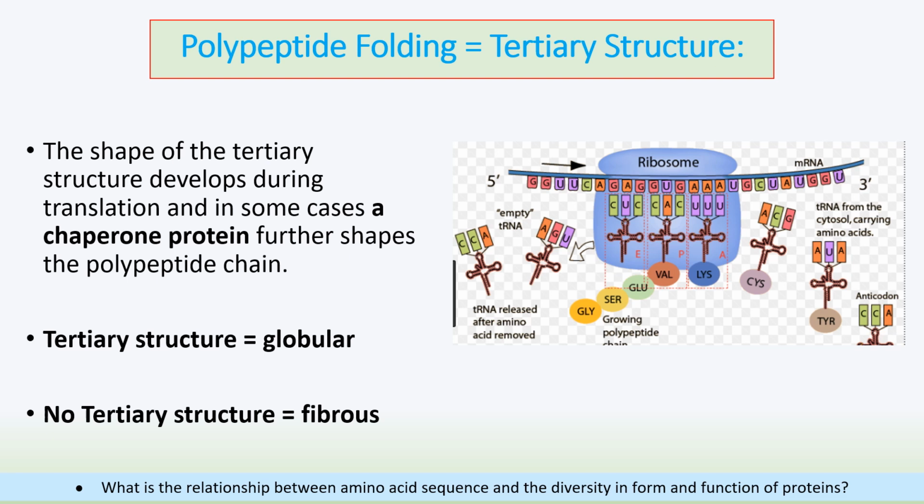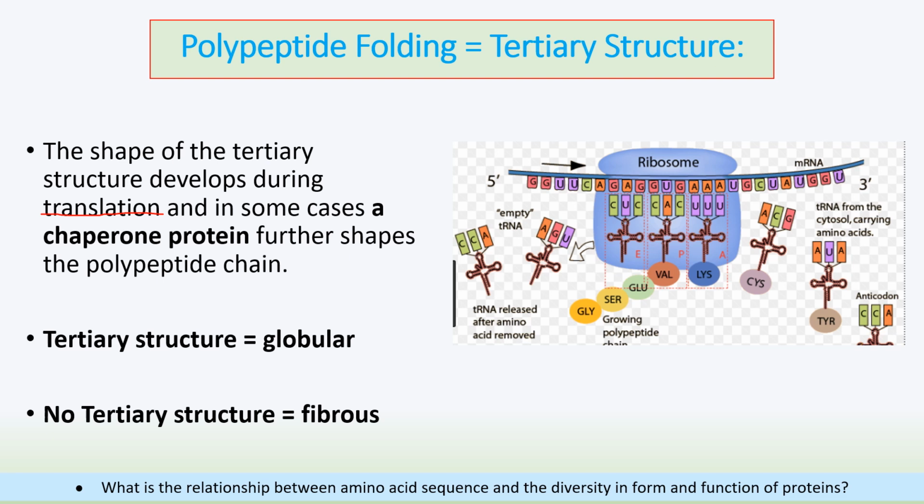So the shape then of the tertiary structure develops actually during protein synthesis. So in protein synthesis you'll learn the final bit where you stick the amino acids together and make them bond, forming peptide bonds, is called translation. And during the translation process, something called a chaperone protein will then make the shape of the protein.